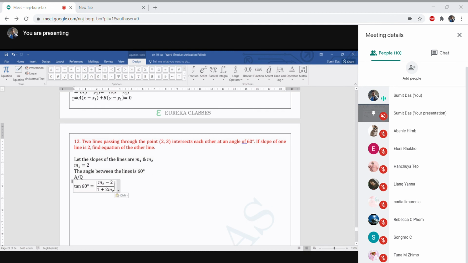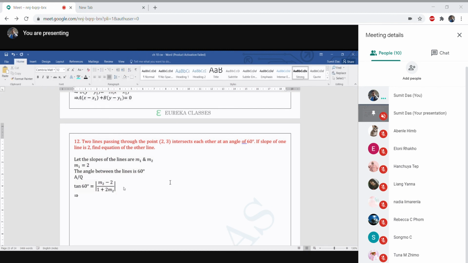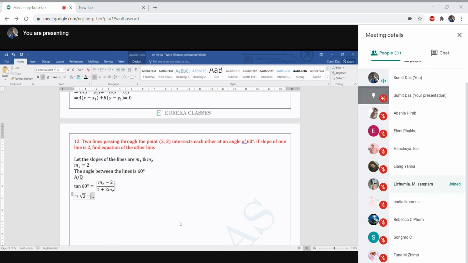Next, what you have to find is tan 60. Tan 60 value is how much? Square root of 3, right? Square root of 3 is equal to this.